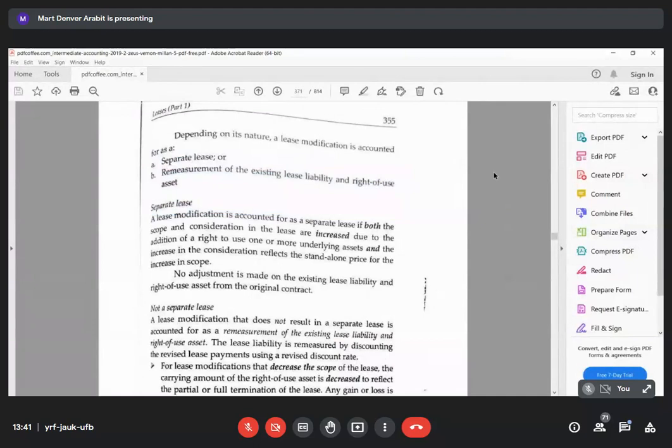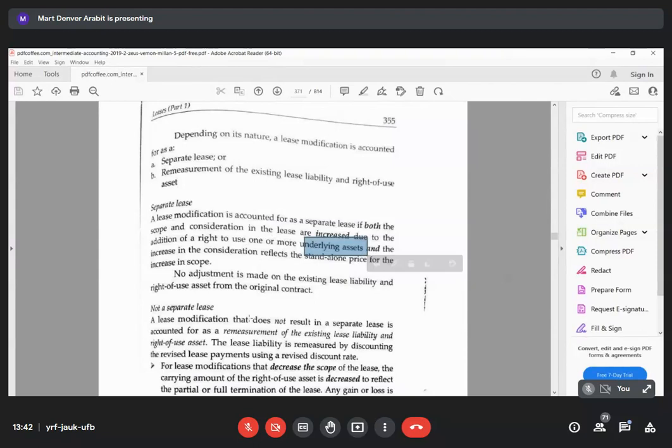So lease modification is accounted for as a separate lease if both the scope and consideration in the lease are increased due to the addition of a right to use one more underlying asset and increase in the consideration reflects the standalone price for the increase in scope. So no adjustment is made on the existing lease liability and ROU from the original contract. So there is an increase in the underlying assets. Okay? So, yun yung difference.